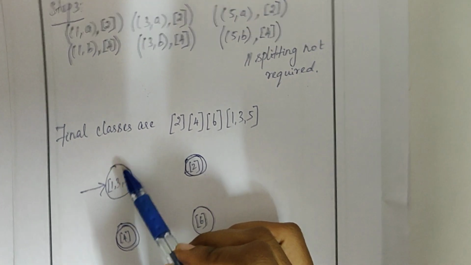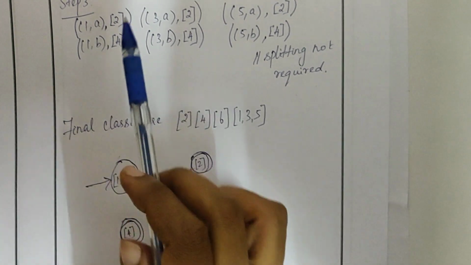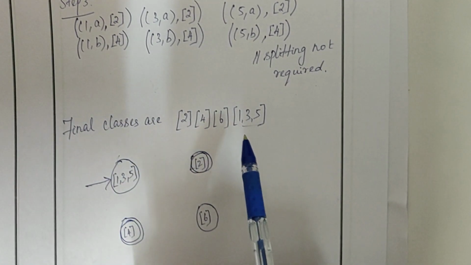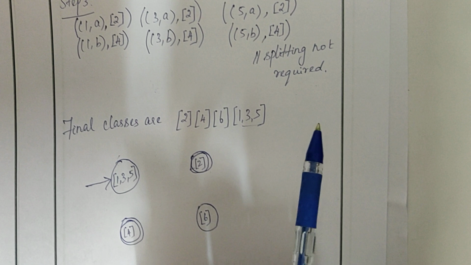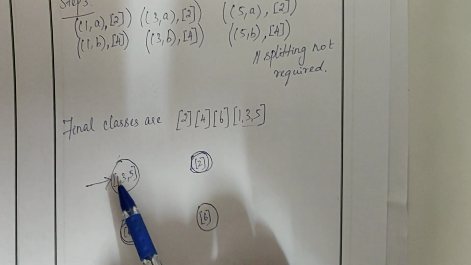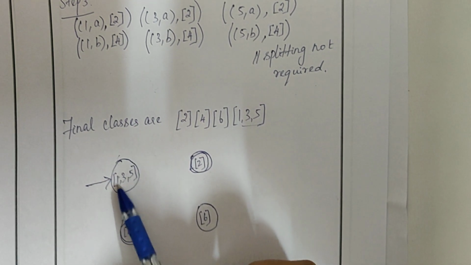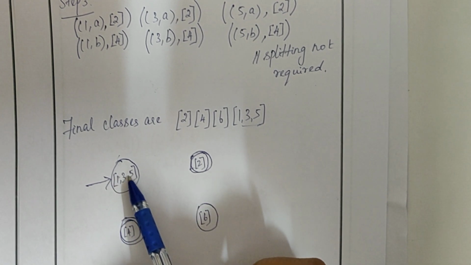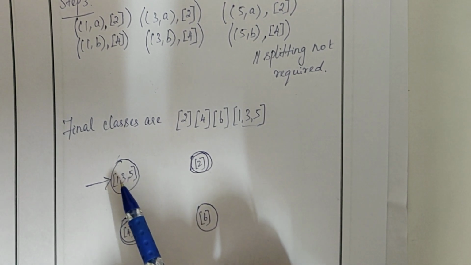So if I could not split 1, 3, 5, it means all these 3 states are equal. So you can take either 1, 3 or 5 and find the transition for both the alphabets A and B.